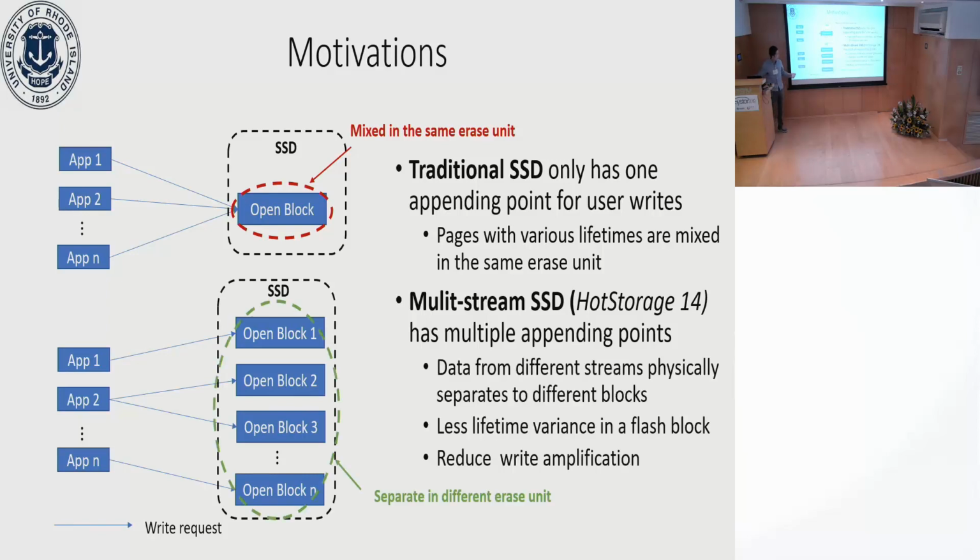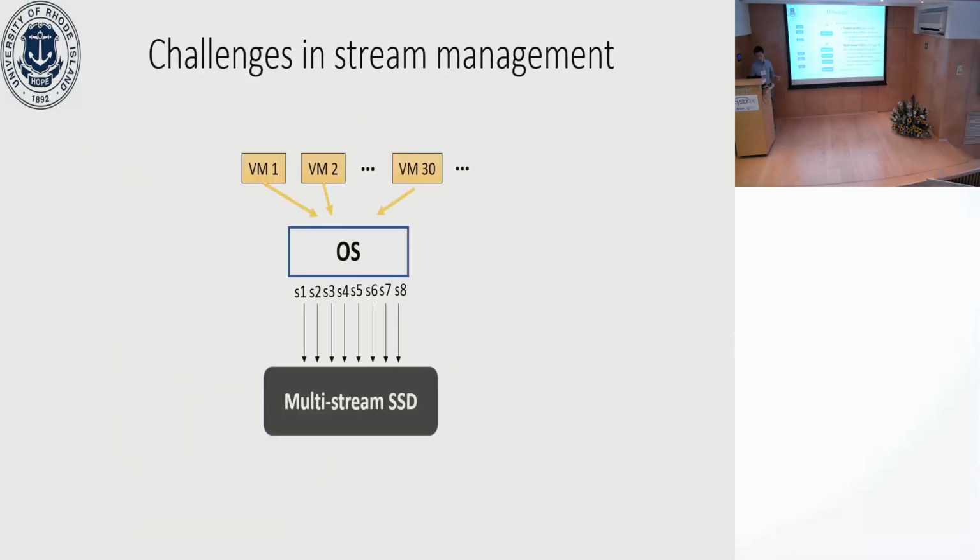Pages with different lifetimes from different applications can be separated into different open blocks with different stream numbers. So it can reduce the lifetime variance in flash blocks and also reduce the write amplification.